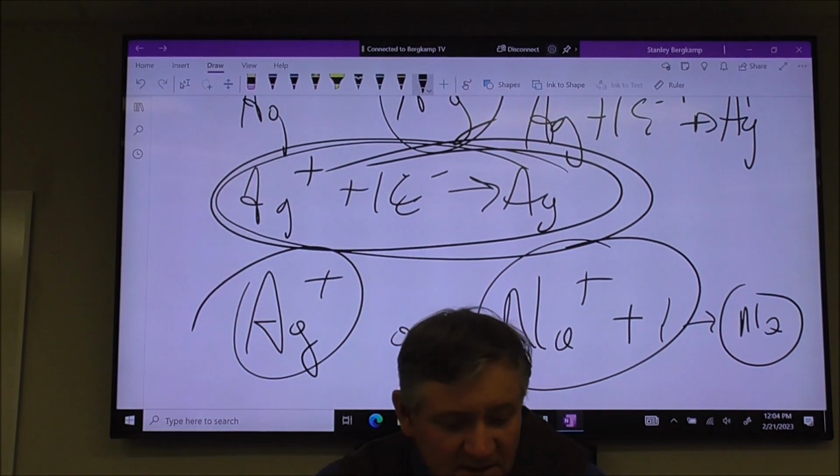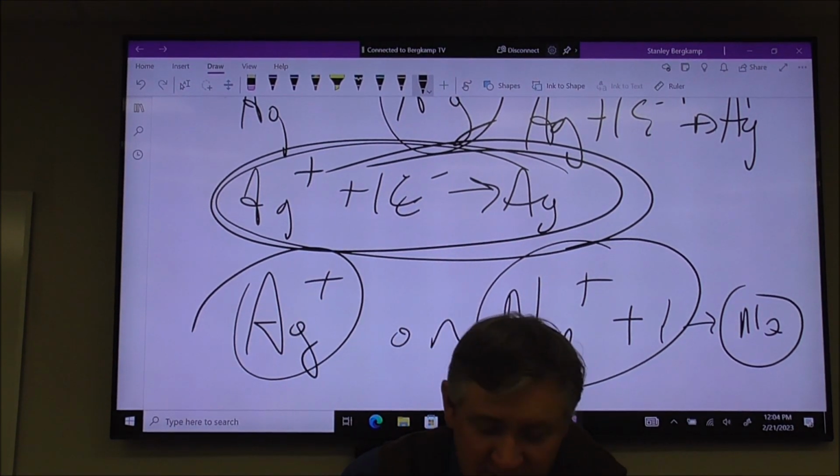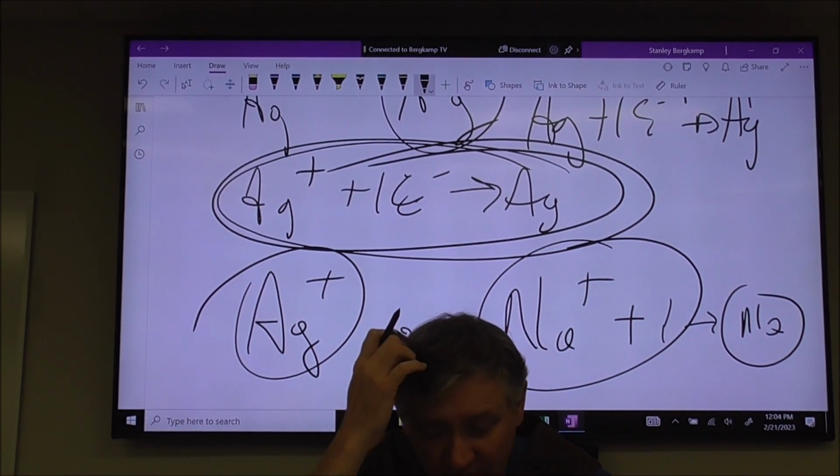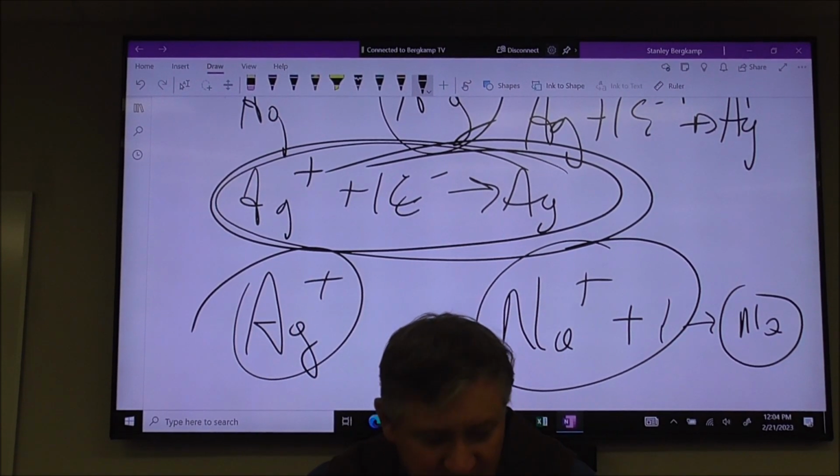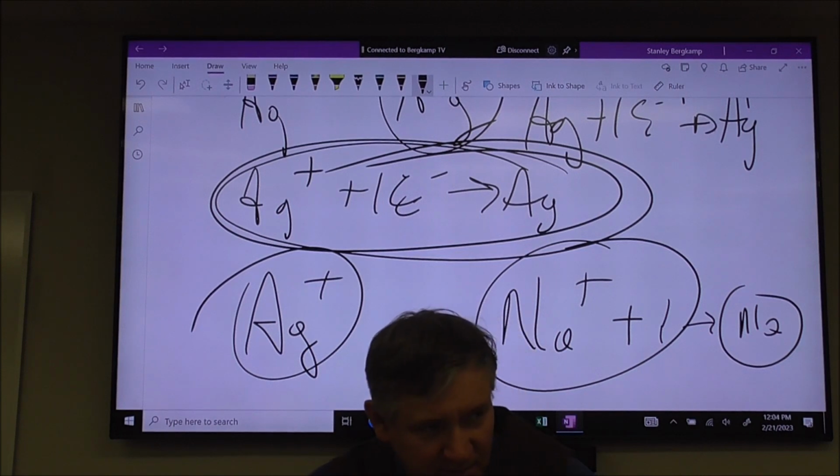Okay, so when you look at question 47, let me give you a hint. On 47, your first element in your list should be the potassium ion.